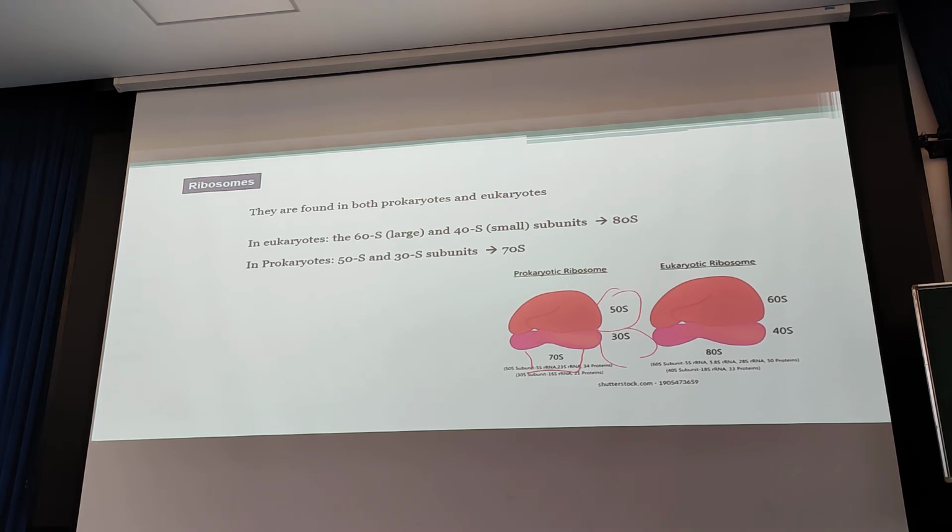Generally, more than 50% of antibiotics now target the ribosome. Whenever we find a difference between prokaryotes and eukaryotes, we can take advantage of it to create a drug.